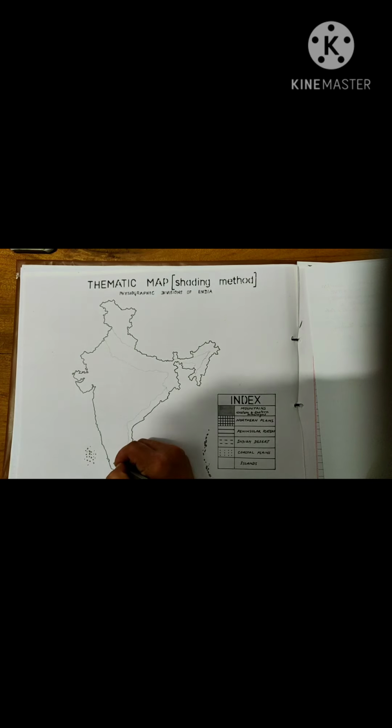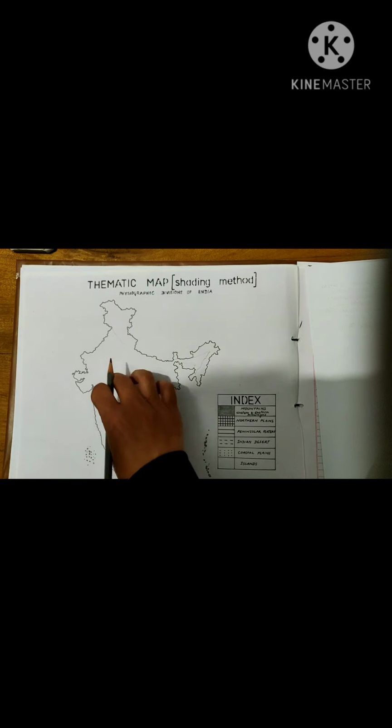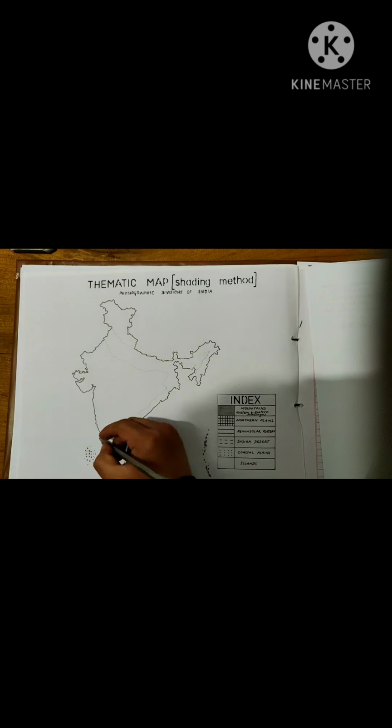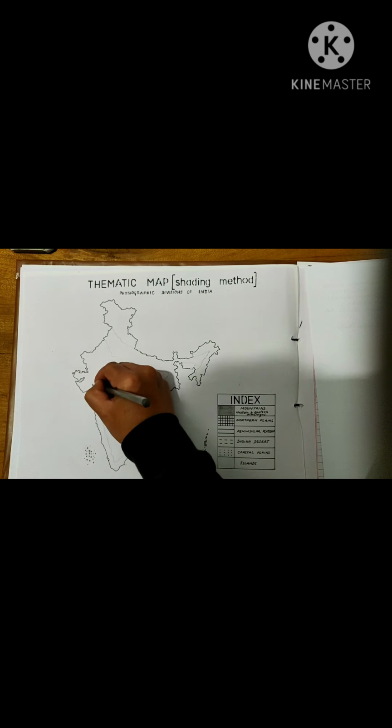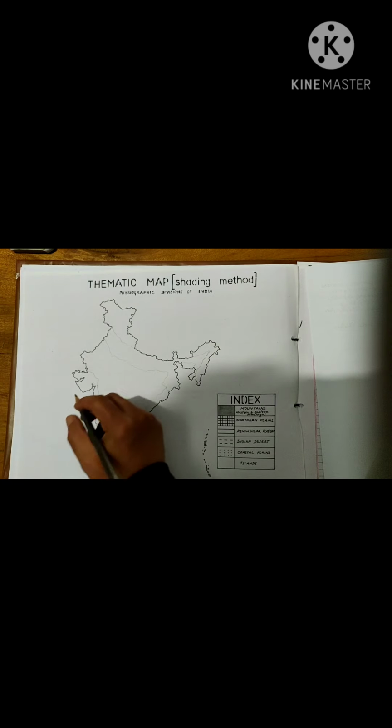That's why we are making an outline. That will be the boundary, and this will be your western coast. In between we'll have the peninsular plateau. It will go from south to the north. We'll go up to Rajasthan.